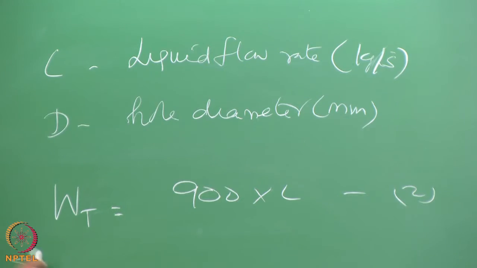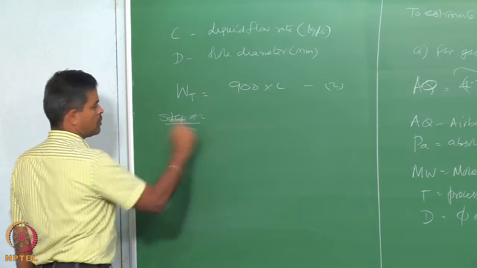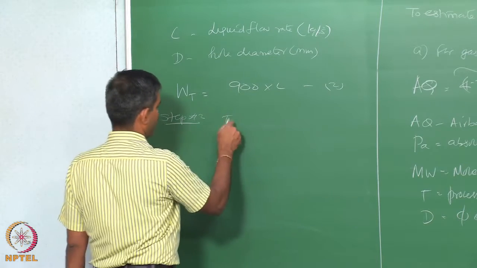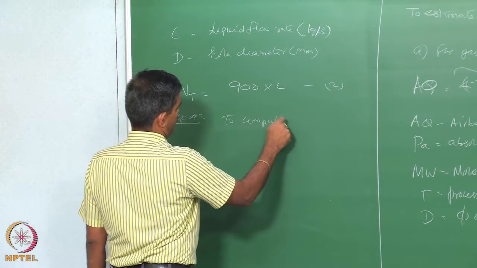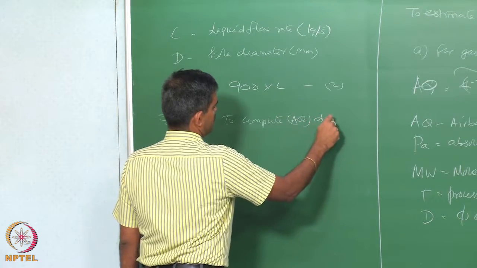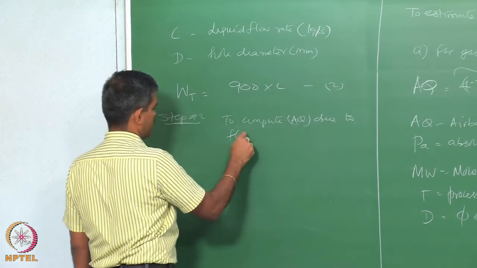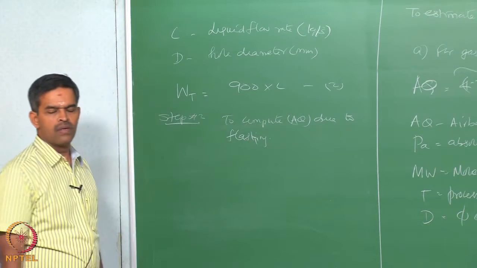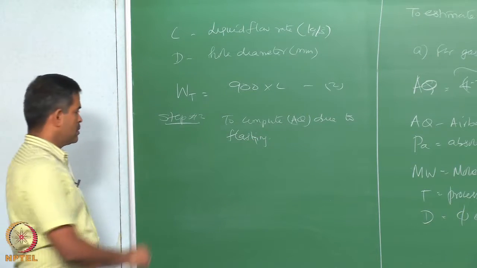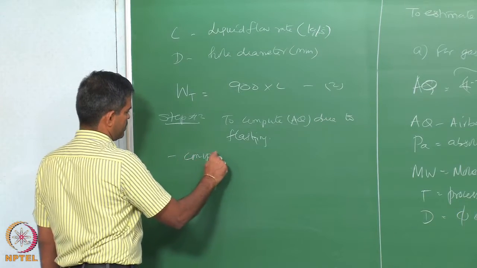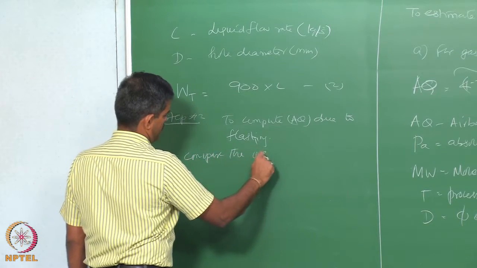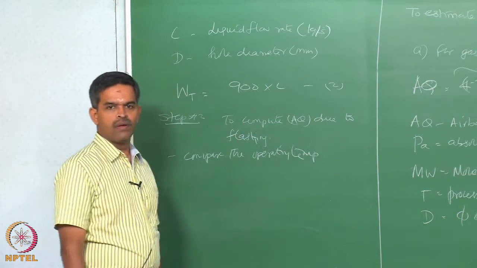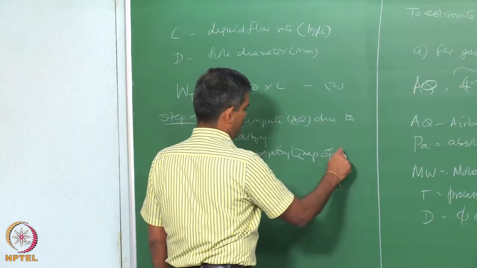So, step number 2, I want to compute the AQ due to flashing, the airborne quantity due to flashing. To obtain this, compare the operating temperature of the liquid to its normal boiling point.